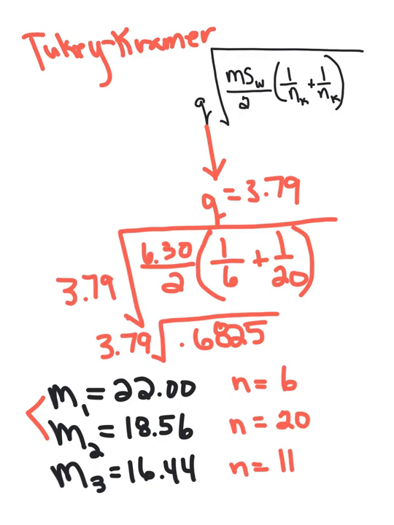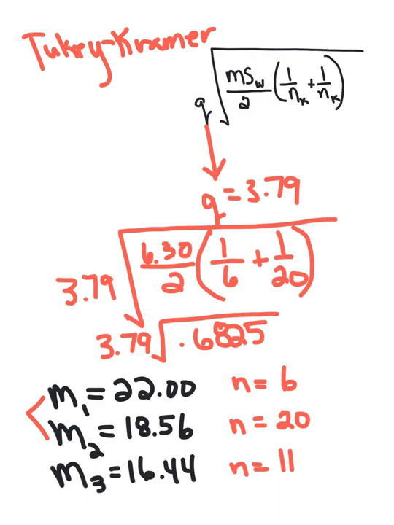So once I take the square root of the 0.6825, I get 0.83 basically, okay?